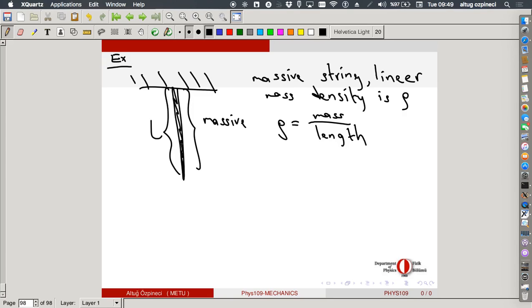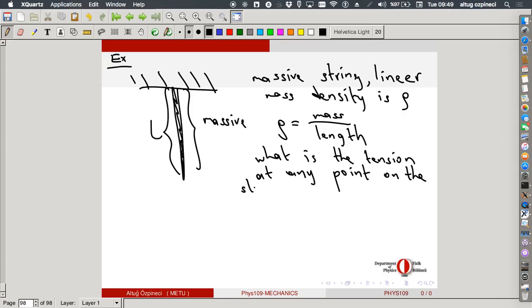That's also why sometimes it's called linear mass density. What is the tension? What is the tension at any point on the string?